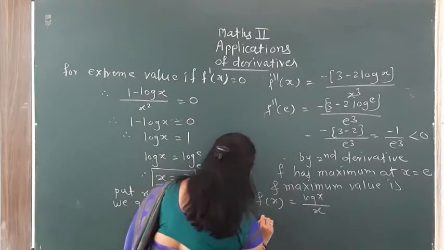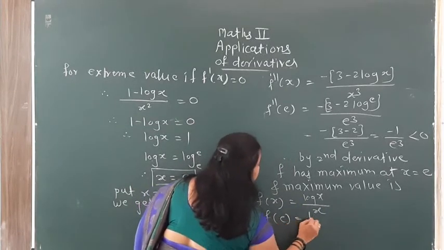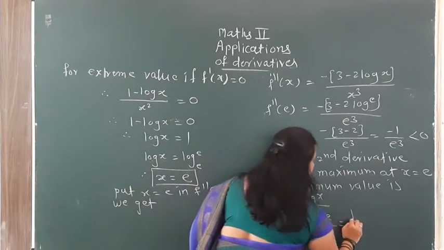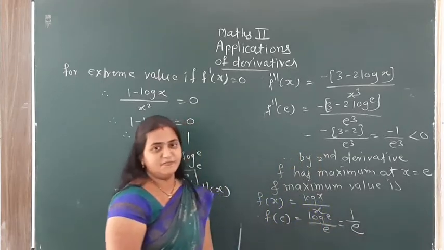So f of e is equal to log e divided by e, which is 1 upon e. So this is the maximum value.